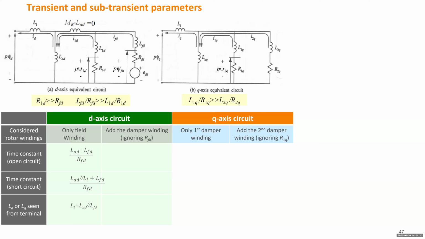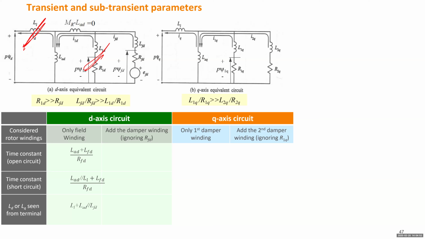For this case, this one is not useful, and this one is not useful. So what is R and what is L? The only R we have will be RFD. We have two L's, LFD and LAD. Both are useful because they're connected in series.